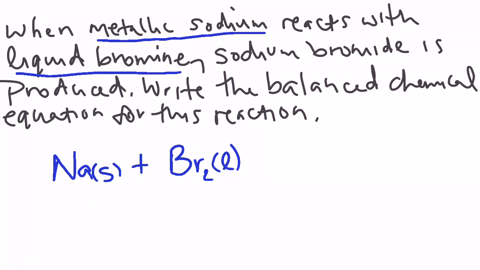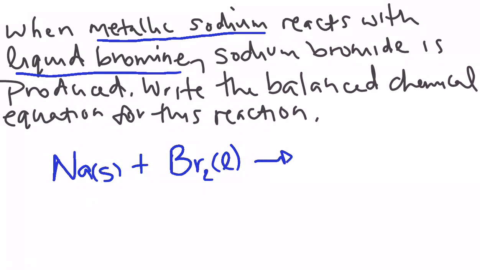I said that those were all of the halogens, like fluorine, chlorine, bromine, iodine, and nitrogen, oxygen, and hydrogen. Those would be ones to remember. So you know that there are 2 bromines, and they're bonded to one another in this liquid bromine.